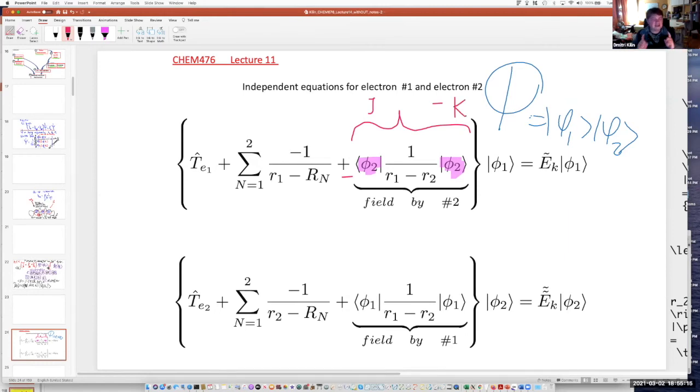So this is the main idea. We add a minus term into the equation for one electron, a negative contribution to the electron-electron interaction energy.